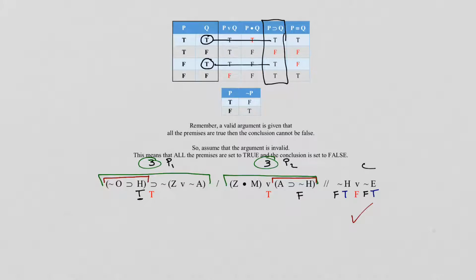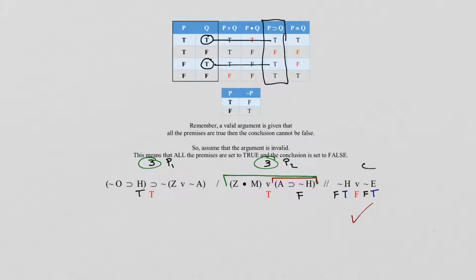Yeah, they're both true. So in this case, it really doesn't matter what this is right here. Just by the very fact that that T is in that position, that automatically tells us that it has to be true. Let me clean this up a little bit.